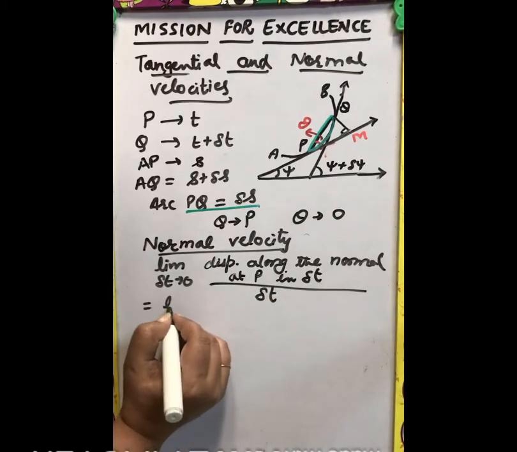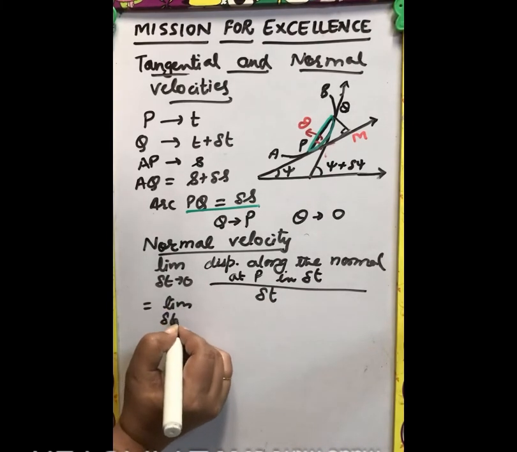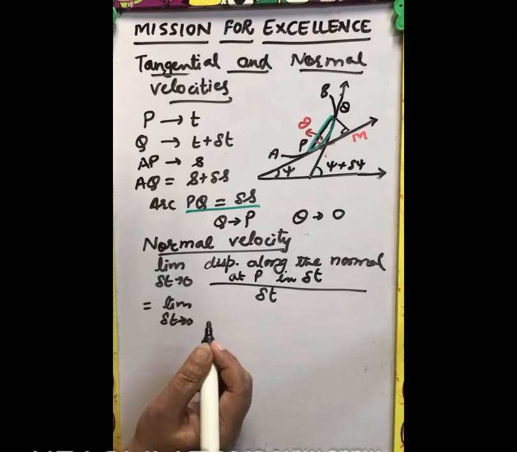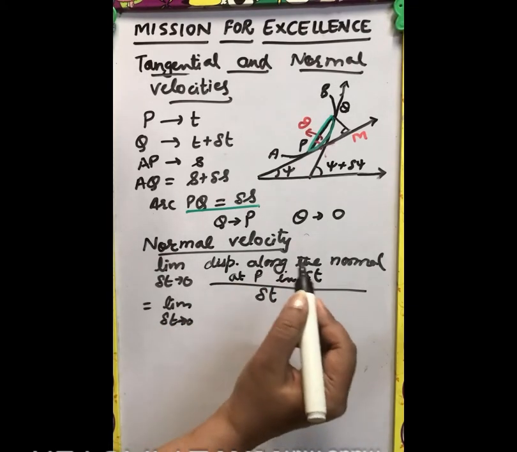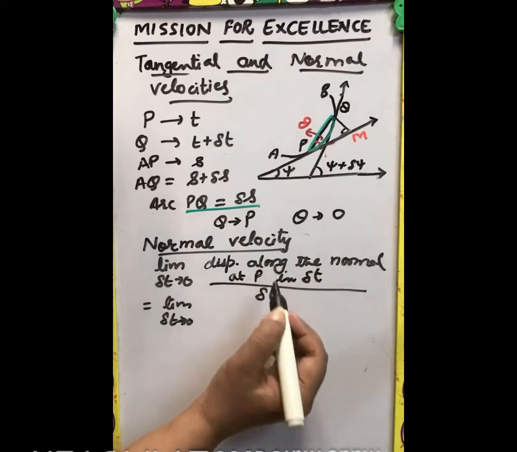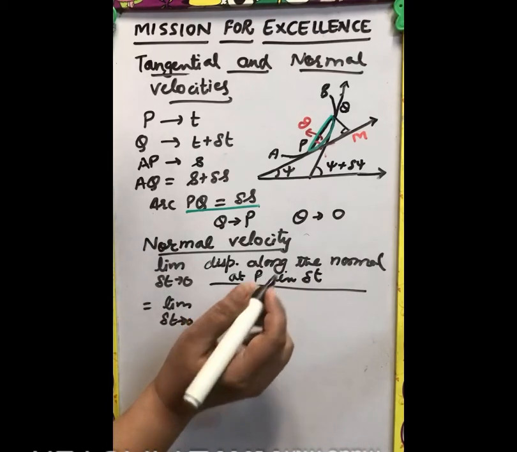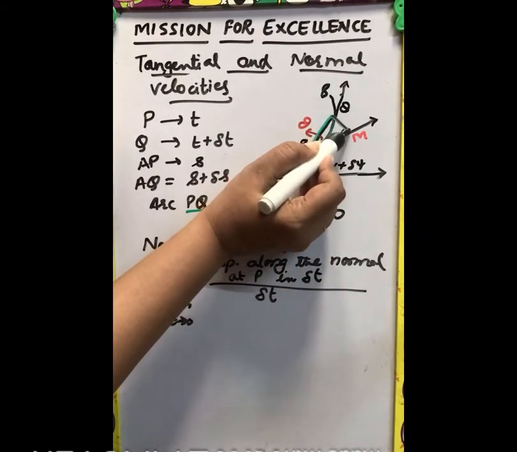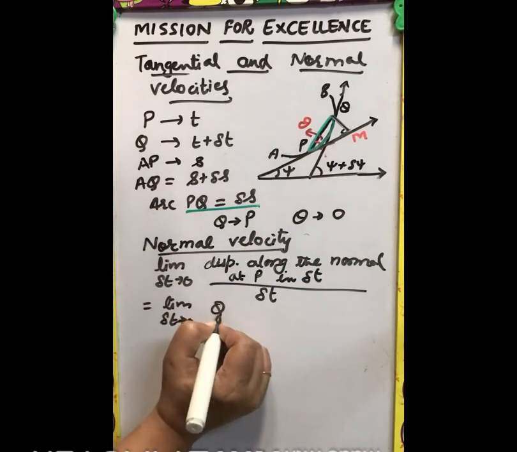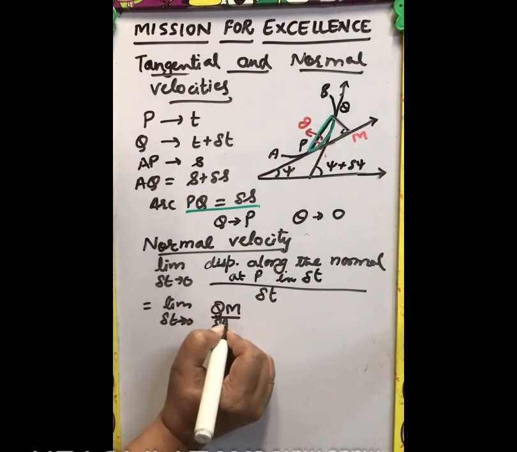As in the previous case where we took chord PQ cos theta, here we take chord PQ sin theta. So this is the displacement along the normal. This will be QM by delta t.